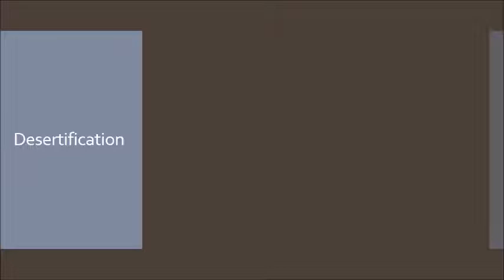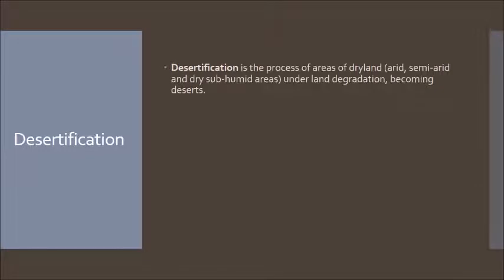So with human land use changes, other issues arise and other changes arise. And one of those that was mentioned before is desertification. So desertification is the process of areas of dry land, so not desert, but dry land, so that's arid, semi-arid, dry subhumid areas. It's the process of these dry lands under land degradation becoming deserts.